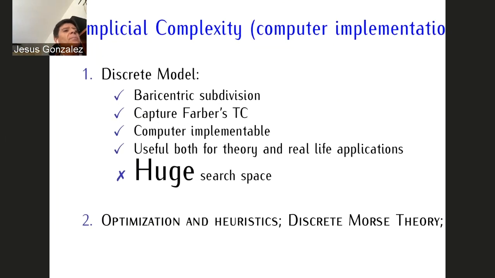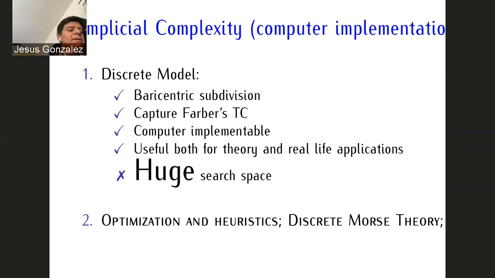Barycentric subdivision plays a central role in discretizing Farber's topological complexity, and it captures this concept. And being already discrete, it is computer implementable, and can be used both for proving results in the theory, for instance in the examples that I mentioned briefly, or for actual applications in real life.